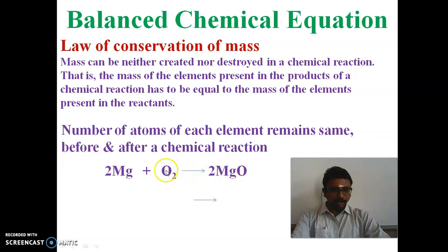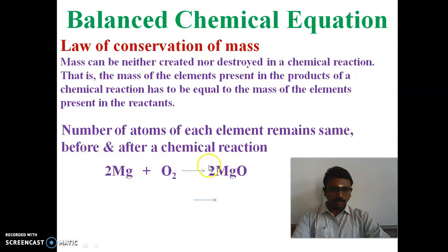And for oxygen, what is the formula? O2. It is diatomic. Here also the oxygen is having how many atoms? 2. So is the equation balanced or not? Children, can you tell me? The equation is balanced. Yes, the equation is balanced. In the reactants also the magnesium has the number of atoms 2.